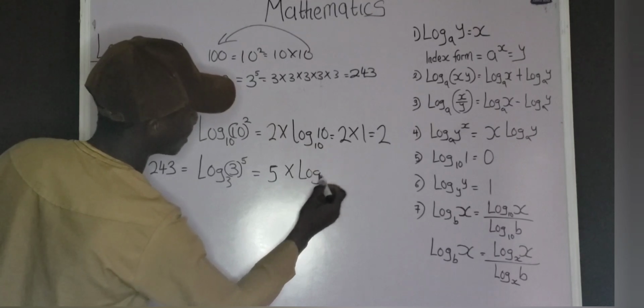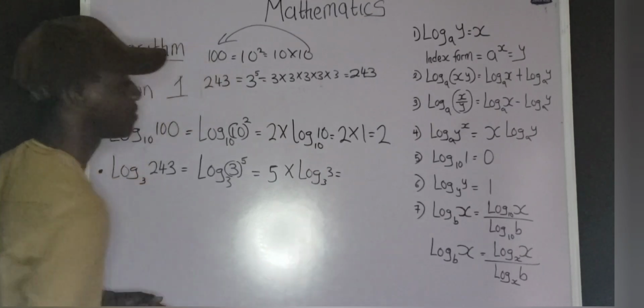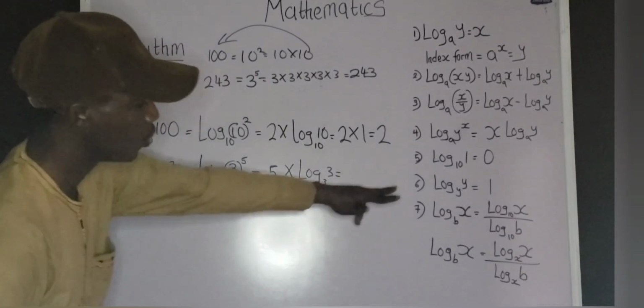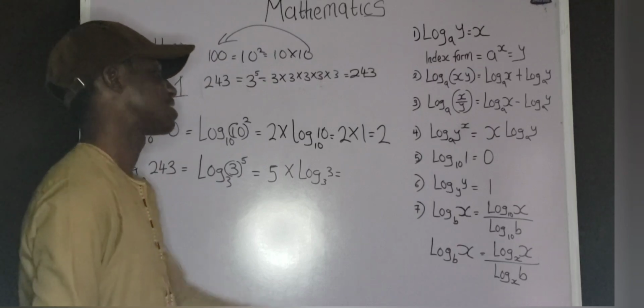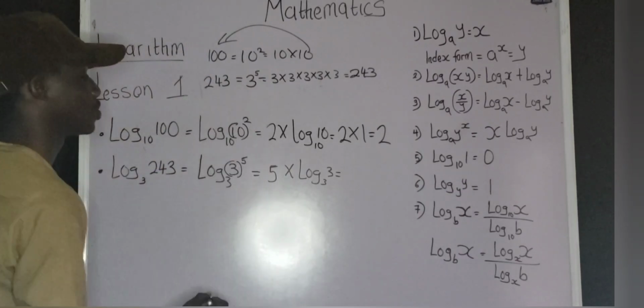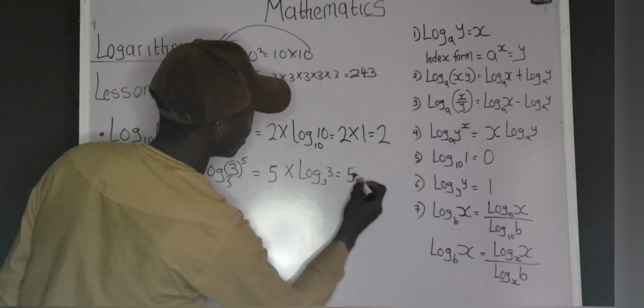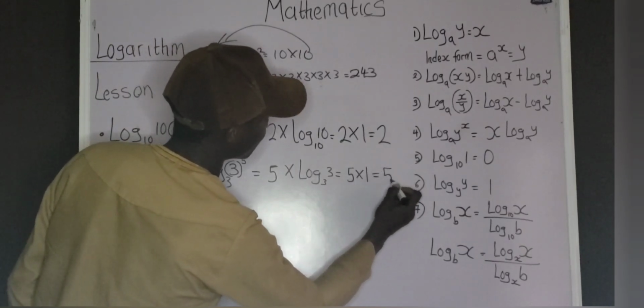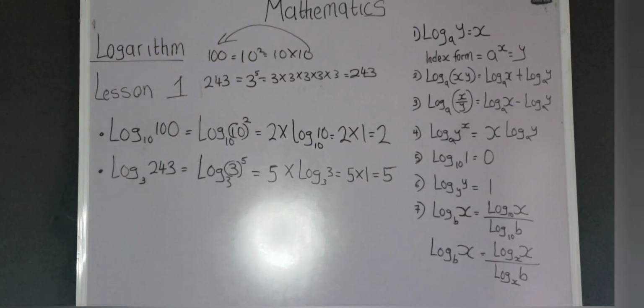That is log 3 base 3. And from the 6th rule, we have noted that the logarithm of a number to the same base is 1. So I'm going to have 5 multiplied by 1, which is 5. So we have solved that again.